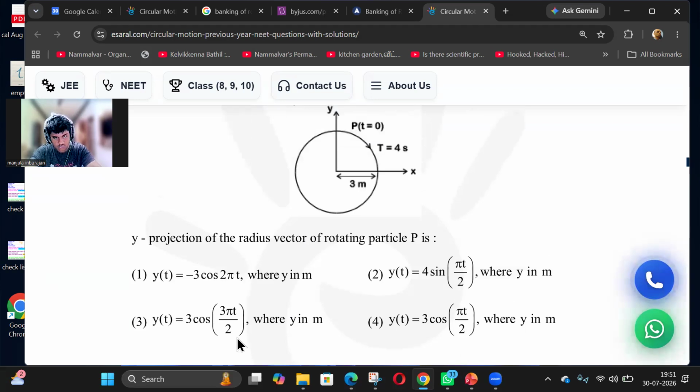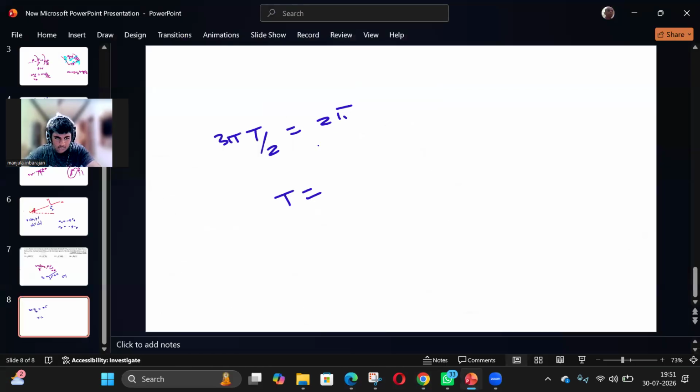Yeah, you have to find it's cos omega t, right? So time period is known, 4 seconds. T they have given as 4 seconds. And time period T is 2 pi by omega.